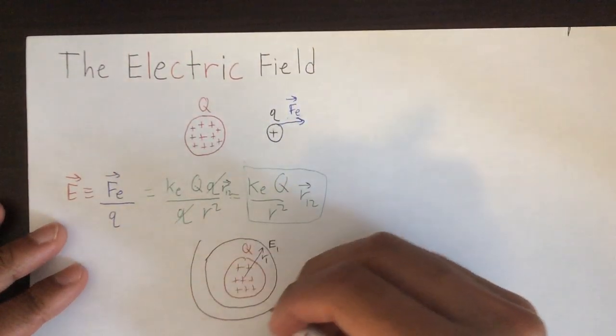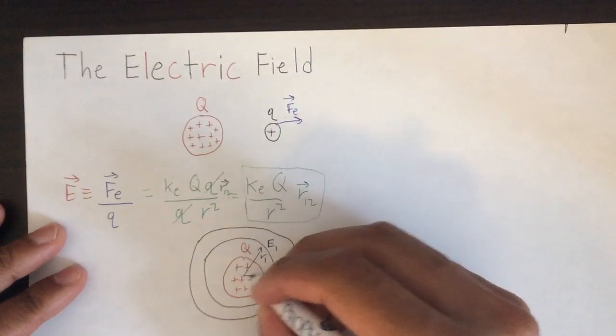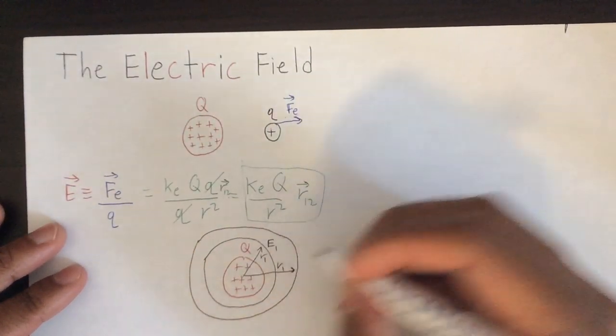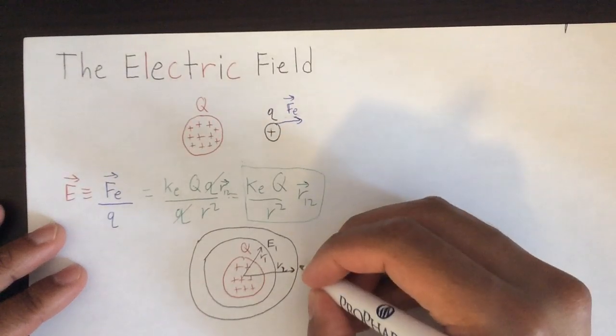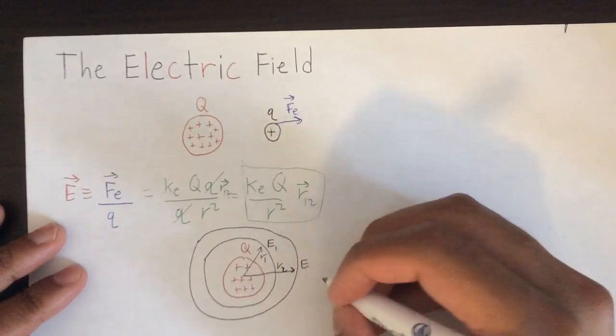And if we go further out to another distance r2, it's going to have a different magnitude for the electric field.